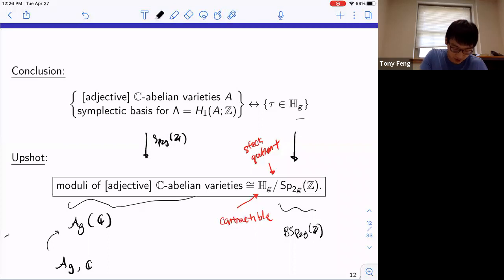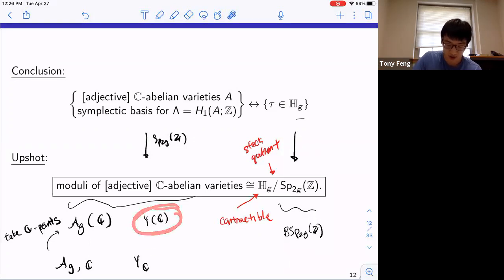So if you take C points, you'll get this thing that we just described. And it's true in general that if you have some sort of variety or stack over the complex numbers, and you take its actual complex points, getting some sort of complex analytic stack, then this thing would be a model for the étale homotopy type of this, at least after p-completion.